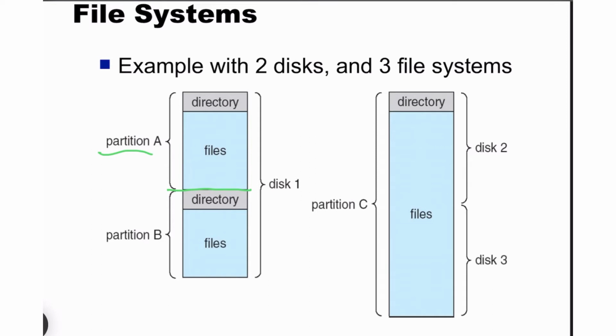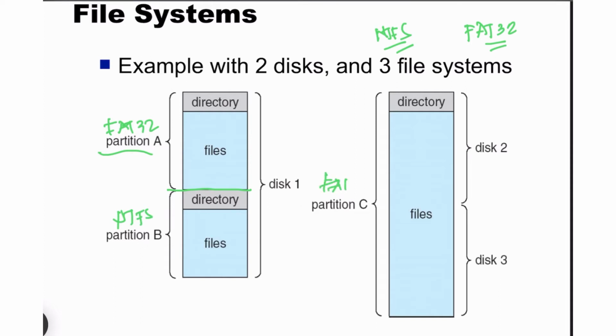Considering that each of the partitions can be formatted into different file formats, if you remember your flash drive or your hard disk, you can have the FAT32 format, the NTFS. So this is the file system. For example, partition A is a FAT32 file system, this is NTFS, and this is FAT32.